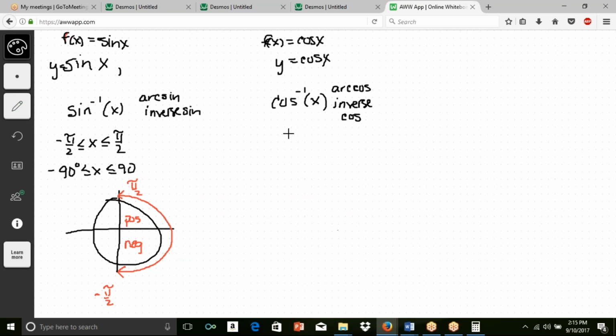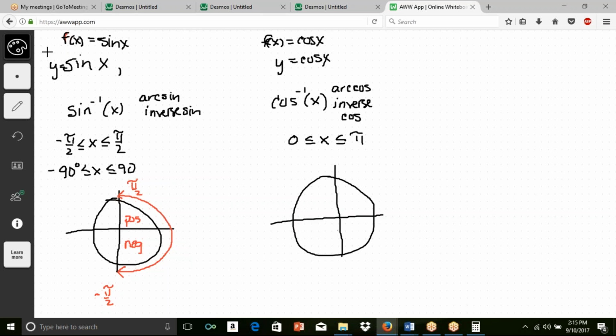So when I do that, I know that my restriction is going to be between 0 and pi. In other words, in my unit circle, I am only restricted between my 0 radians and my pi radians. So from 0 to pi.